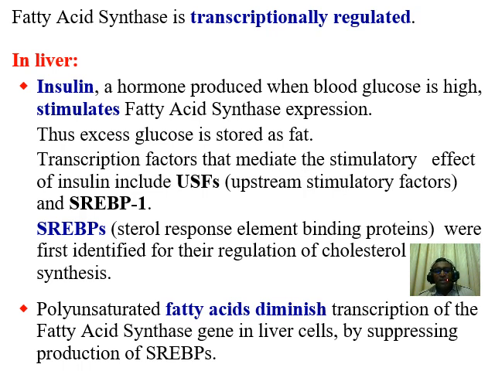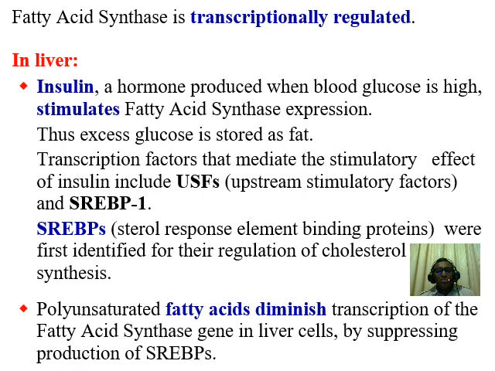For that, we look at firstly the liver and later the adipocyte, how it is transcribed, and how insulin can stimulate the fatty acid synthase expression itself.